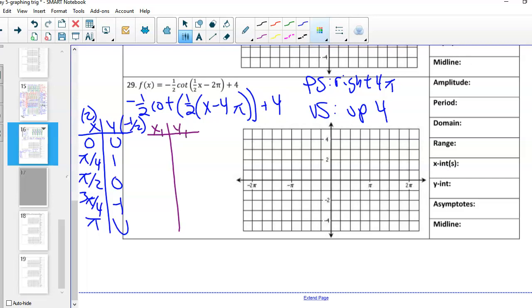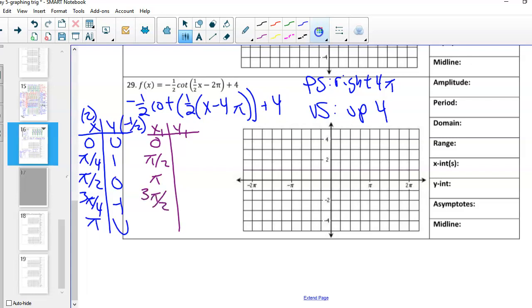So your x's become 0, pi over 2, pi, 3 pi over 2, 2 pi. And then your y's, remember anything undefined stays undefined. Negative 1/2, 0, 1/2.